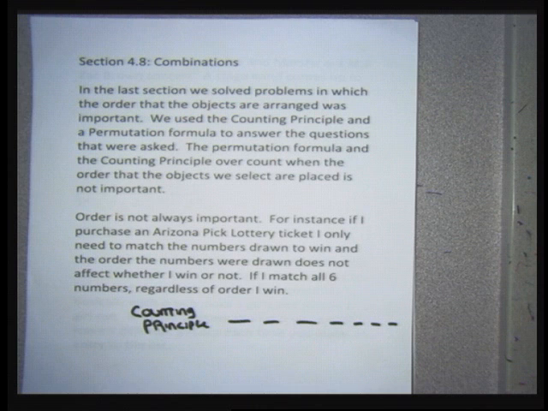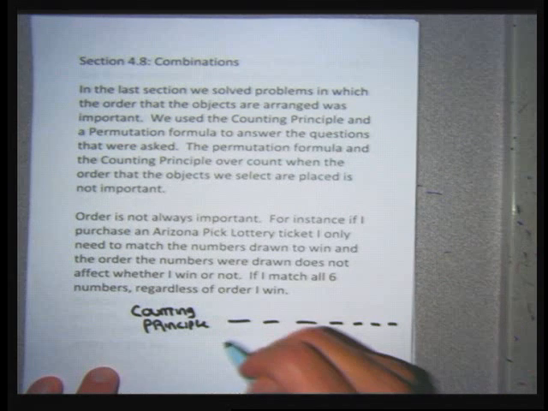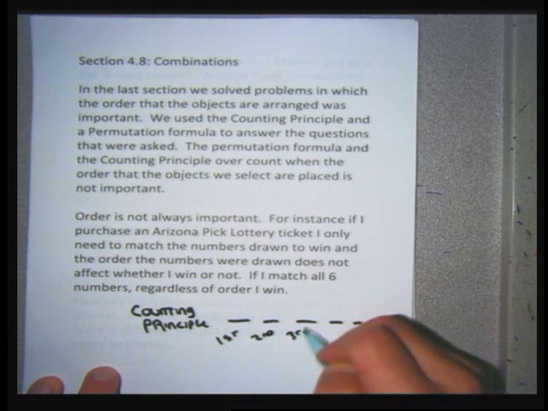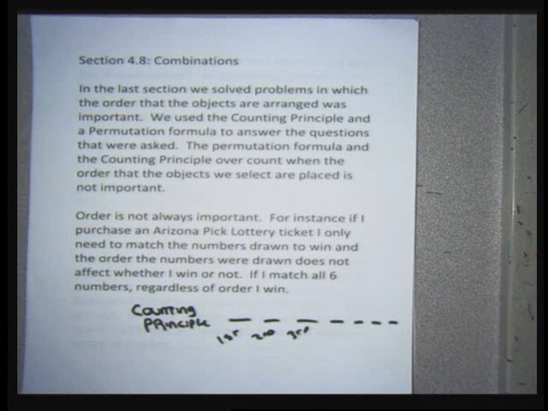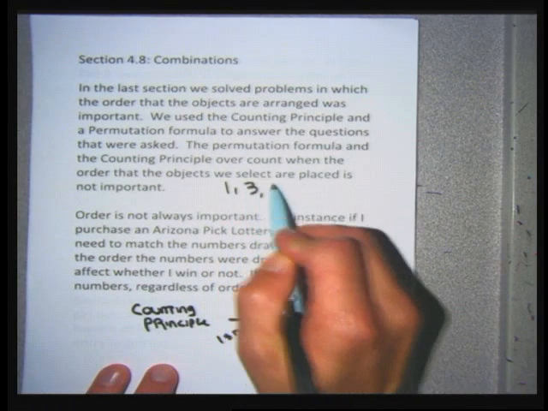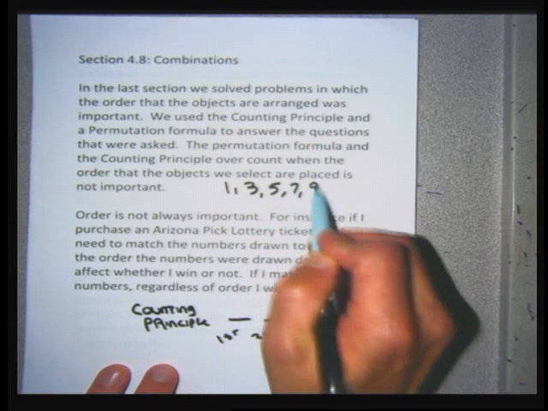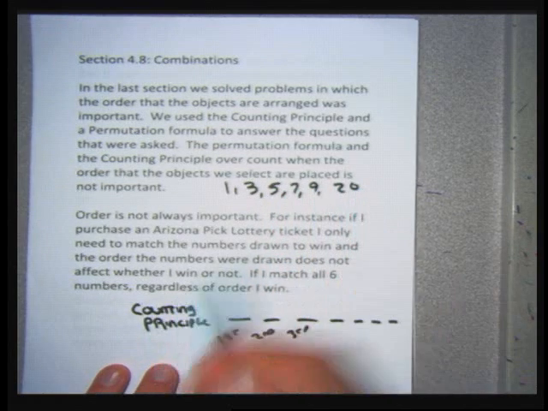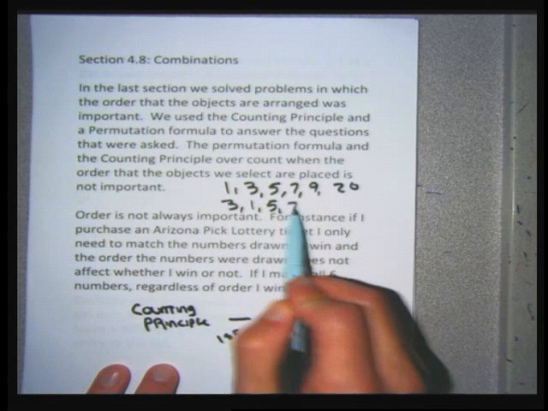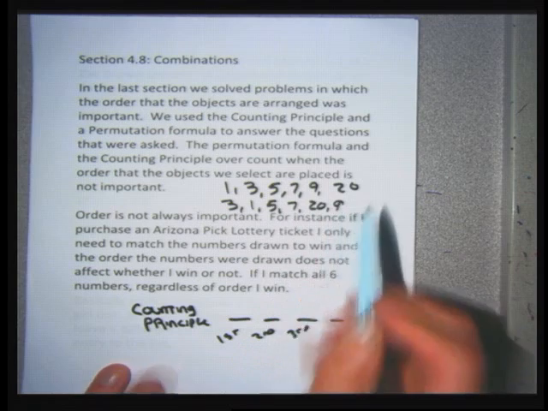If you use the counting principle technique, made 6 dashes, 1 for each ball, and then you did a first ball, second, third, and you put numbers on top of those dashes and you multiply the numbers, that would mean that if these were the numbers that came up, that would be considered different than if these numbers came out in this order. And that's not the case.